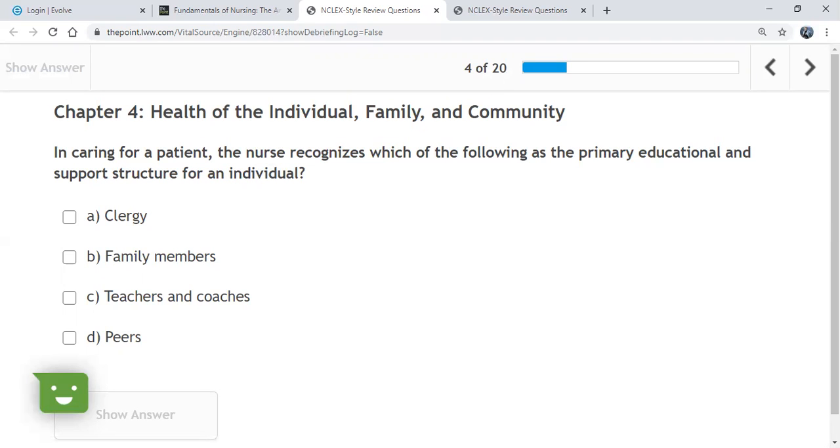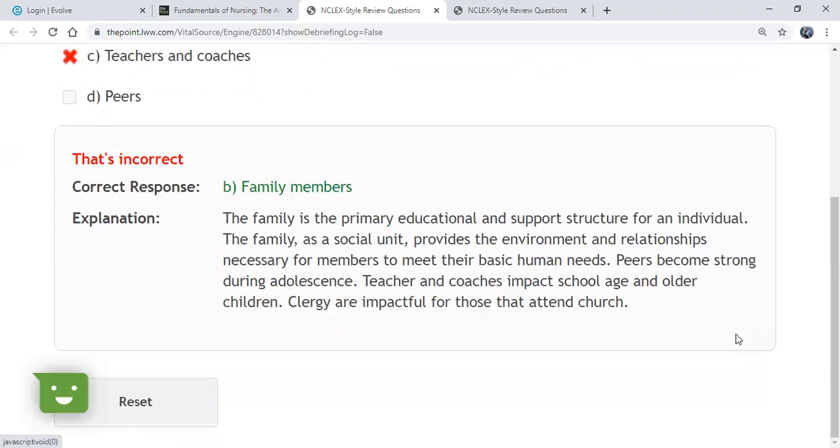B. B, you think family members provide the primary support for education? It's B. So good job for those of you that picked B.